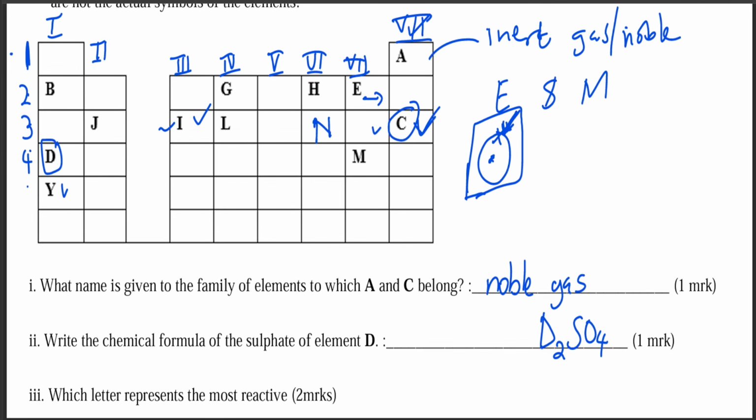Now across the period, the number of protons increases. As the number of protons increases, the nuclear force of attraction also increases and the electrons will be pulled towards the nucleus much more easily, or they will be strongly held.